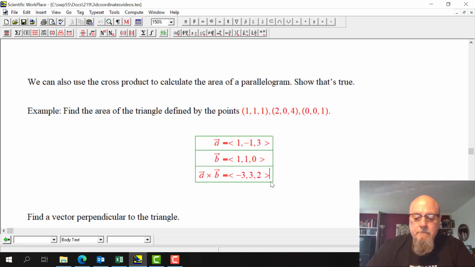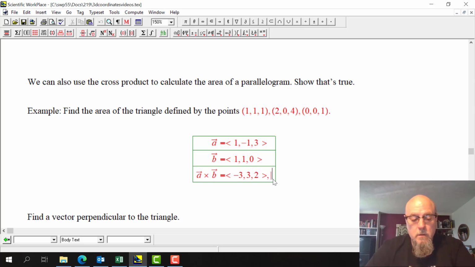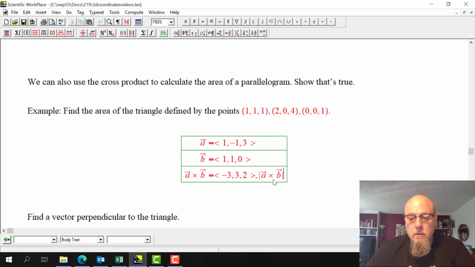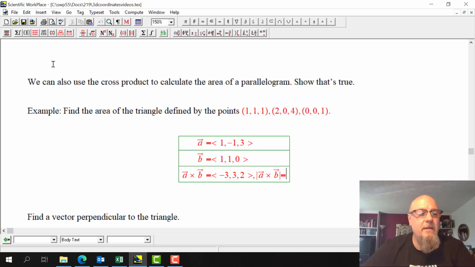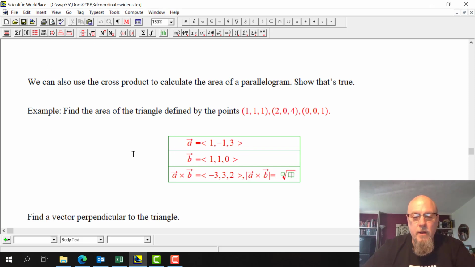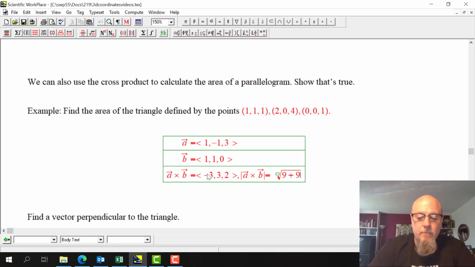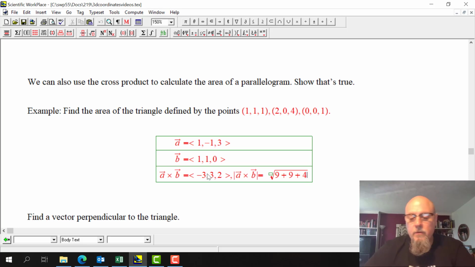Now I just need the magnitude of that cross product. That would be the square root of first component squared plus second component squared plus third component squared.